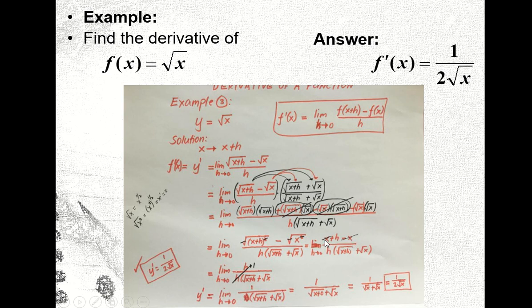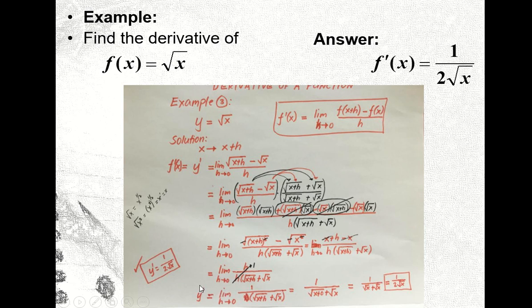Okay, so you have x at the numerator and minus x at the numerator, so x minus x is 0. What is left at the numerator is only h. At the denominator, you have h, and so on. And then h divided by h is equal to 1. So that's why we have it here.